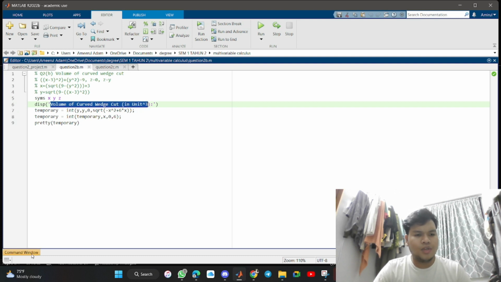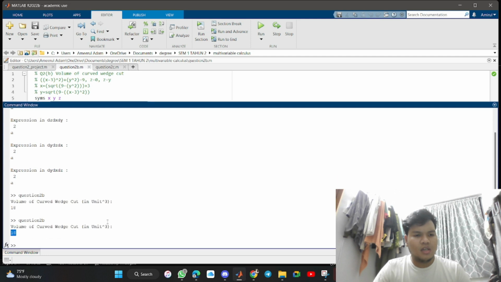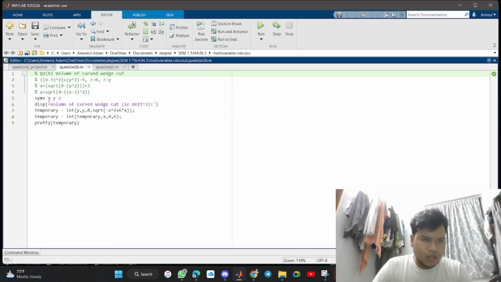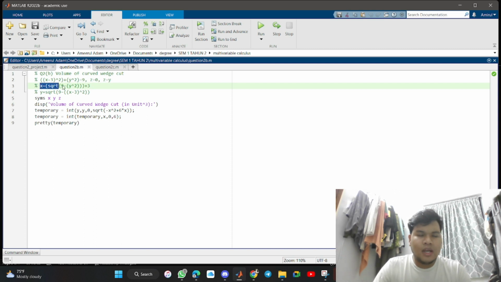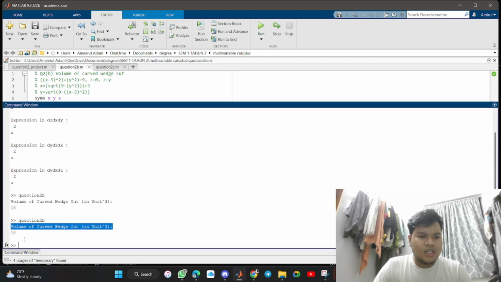We must put it here, and that's why it appears as the volume title. So we put the equation here, then the x axis and the y axis, and we got the answer here.